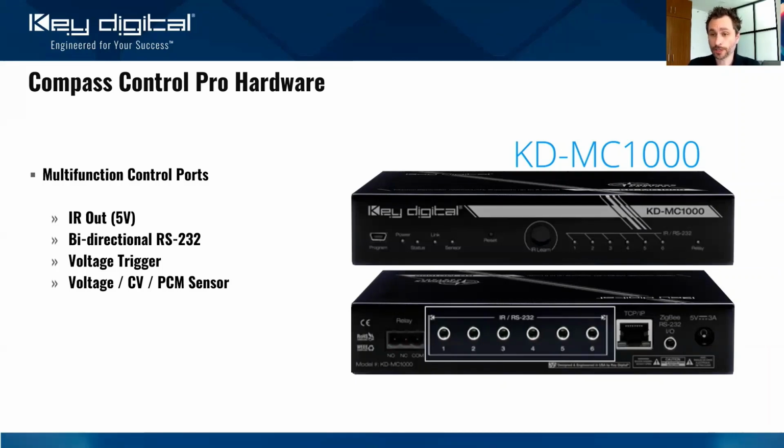They can be a voltage trigger to control a device that needs voltage present to make a screen drop, for example, or not present to make the screen lift back up. And they can also be a sensor for voltage, composite video, or PCM digital audio. So if you have an application where, when the projector turns on, it sends voltage backward into the MC1000, so then we can execute a few other events, you would do that by having the MC1000 set up as a sensor.